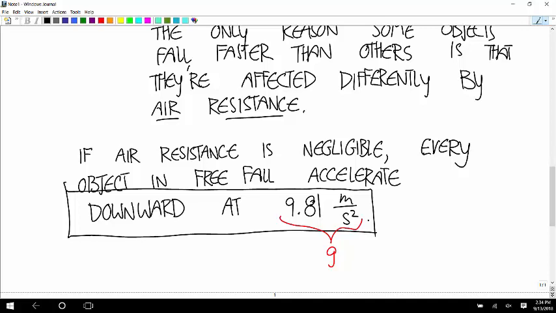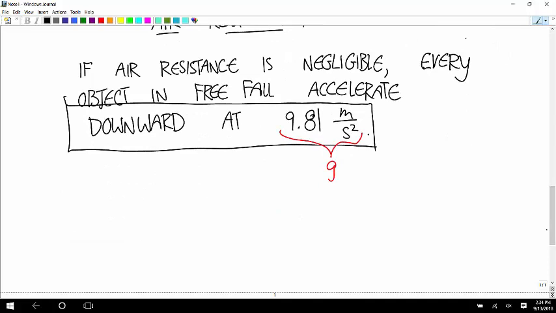Okay. So this is what we're going to use when we talk about objects in free fall: accelerations downward at 9.81 meters per second squared. The thing is, in any real application, there is air. None of the things we're trying to calculate are really inside a vacuum chamber like that.